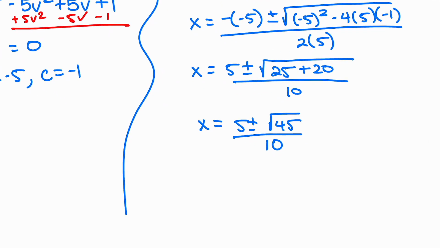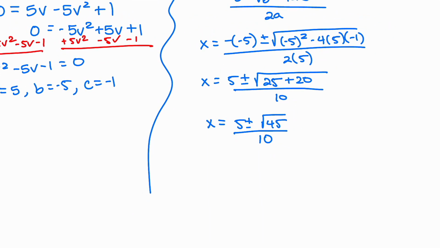That square root of 45, I'm going to do this off to the side. Square root of 45 actually has 9 in it, right? And 9 is a perfect square. So instead of writing the square root of 45, which I don't know, I know 45 is the same thing as 9 times 5, and I do know the square root of 9. That's why I'm writing it like this: I was able to rewrite the 45 so that I can take the square root of something inside it.